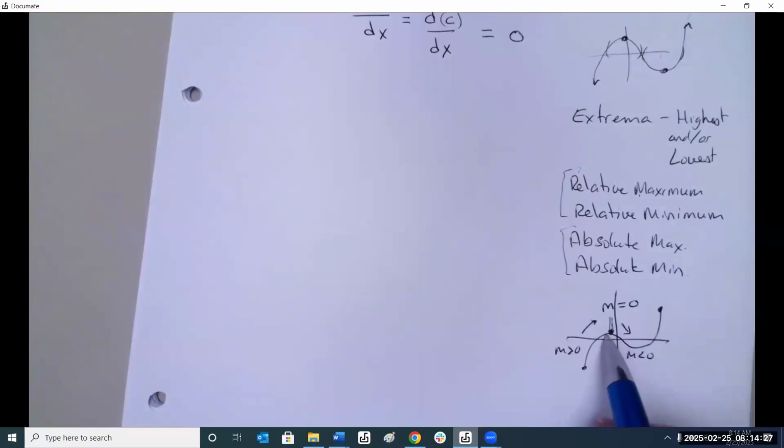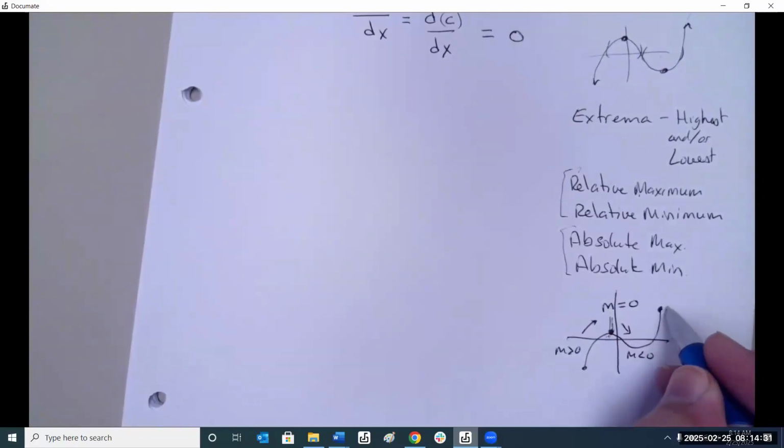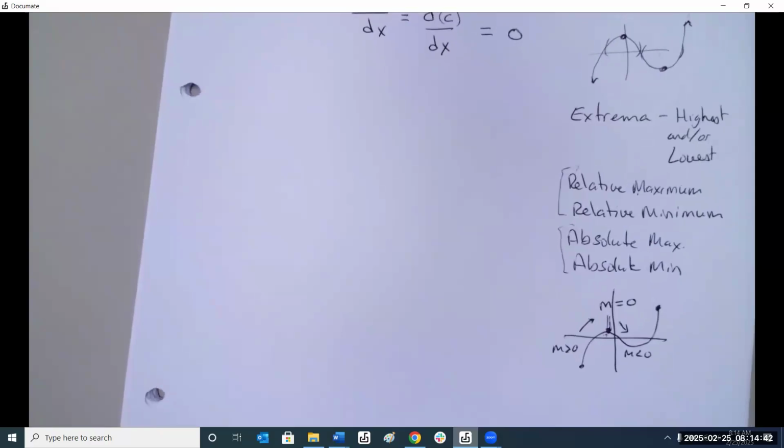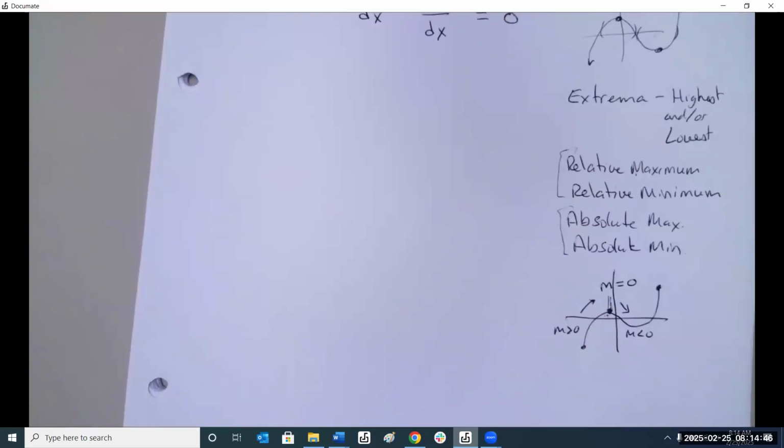So you have one maximum there. Here's another maximum right here because it's higher than everybody else. So how many relative maxima do I have here? 2. I have one there and one there.